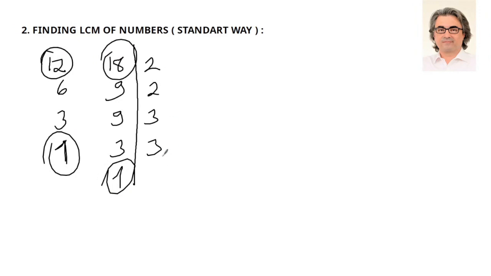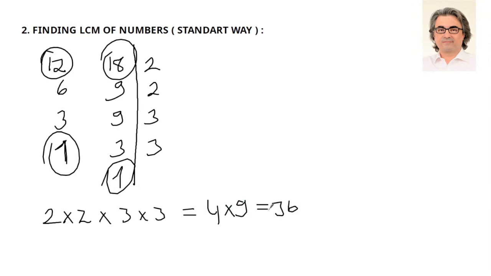Now let's multiply these prime numbers. 2 times 2 times 3 times 3. 2 times 2 is 4, times 3 times 3 is 9, and 4 times 9 is 36. What is the meaning of 36?